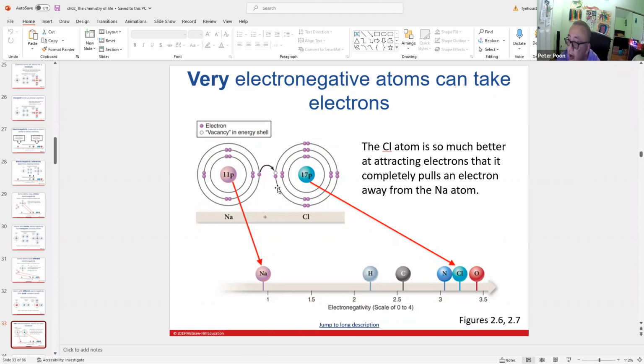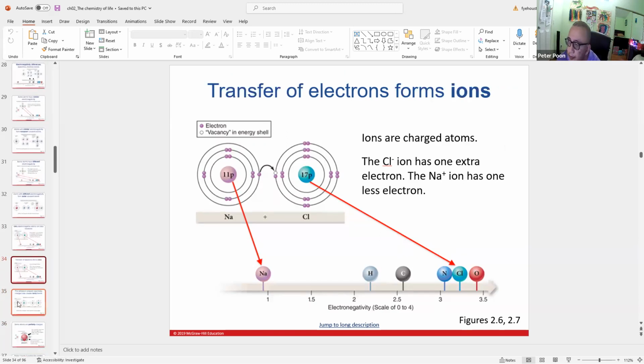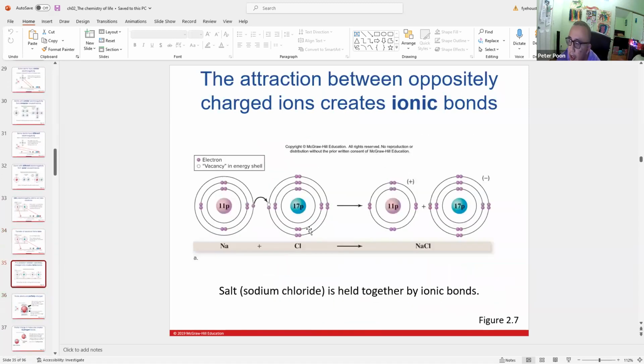That's a difference of more than 2, so the chlorine will pull the electron completely off of sodium and turn into chloride, and you get sodium chloride. The chloride is now happy because it has 8 electrons in its outermost shell. The sodium is also happy because it had only 1 electron in its outermost shell, and to get rid of it, it now has 0, and it's happy with 8 electrons in the outermost shell again.